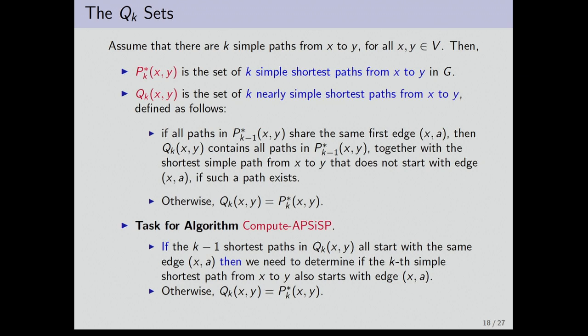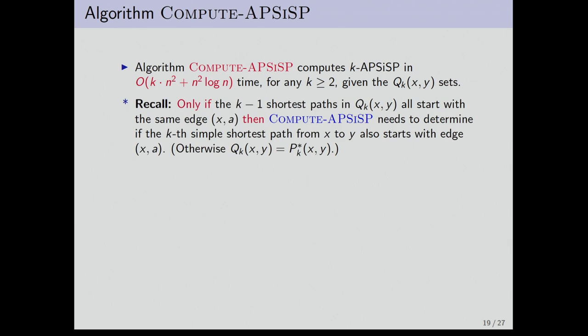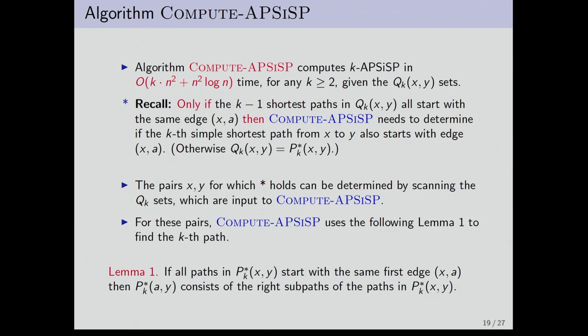And if so, then somehow determine if the kth simple shortest path also starts with edge xa, because if not, Qk already has it. It has the shortest path outside of the edges that start with edge xa. So that looks manageable, and in fact we show that it is manageable. This works for any k very efficiently, in kn squared plus n squared log n time.